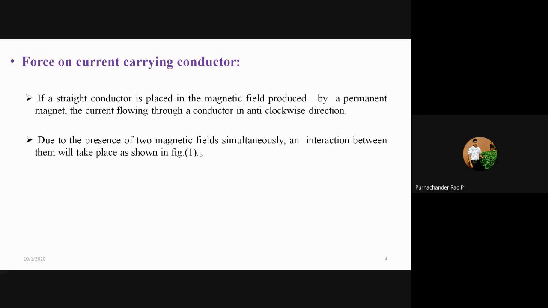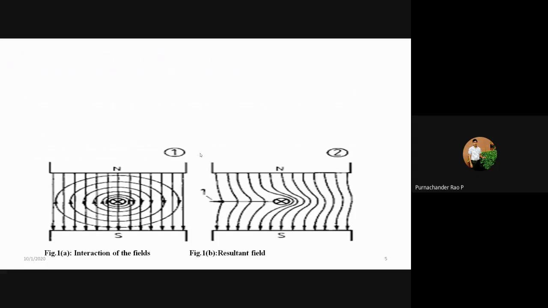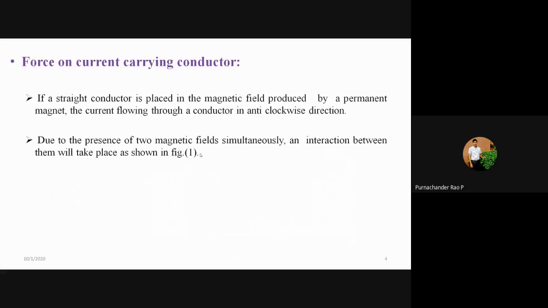Because of this force, which is called a twisting force, acting on a circular path, it exerts a torque. So your armature rotates. Okay. So for understanding of this, how it is taking place.